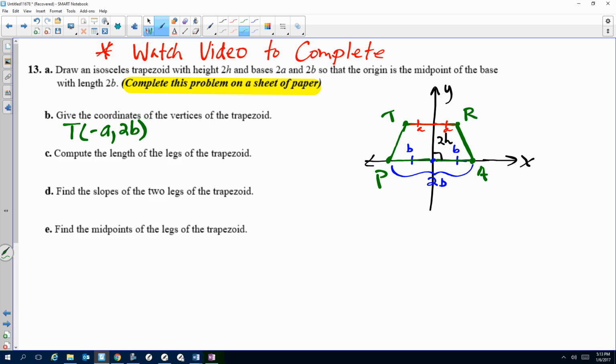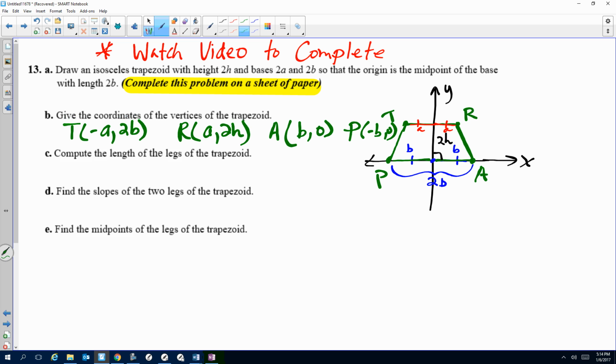Then our R coordinate: we got a, comma 2h. And then our A coordinate is b, 0. And then our P coordinate is negative b, comma 0.